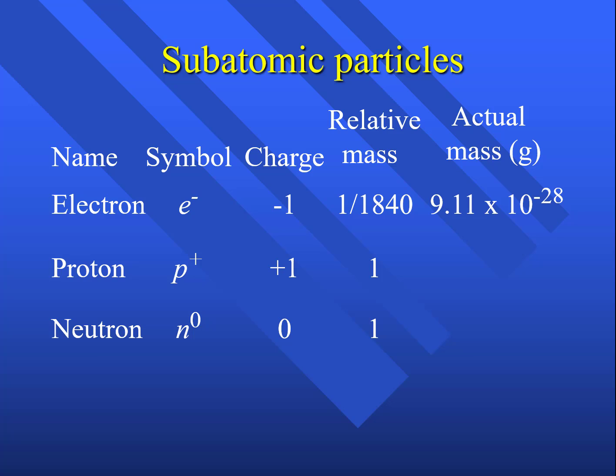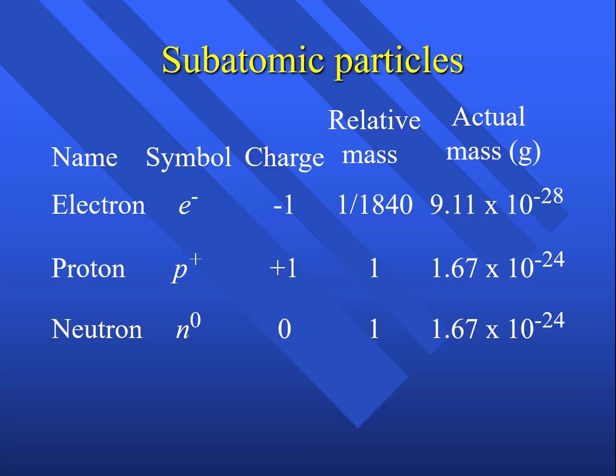And if you look at the actual mass, you have 9.11 times 10 to the negative 28th grams for the electron. We've seen that one a couple times. This is the one that Millikan found. Once he found the unit of charge, he could figure out the mass of the electron.